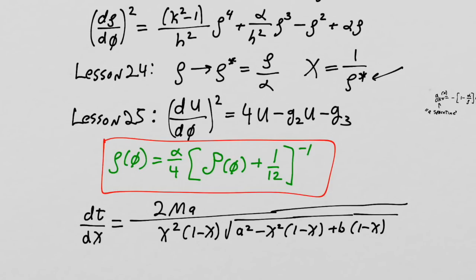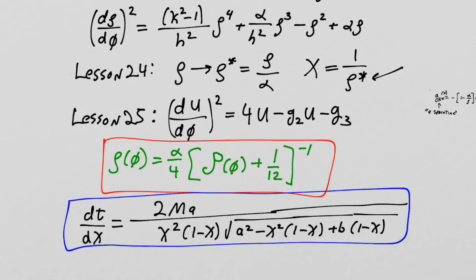And then we discovered this differential equation for dt d chi, and then we realized that almost the same differential equation for d tau, the proper time with respect to chi, would be this, but you add a factor of 1 over the energy right there. So with all that in mind, that's where we stopped and then said, let's go back and look at the classical problem.